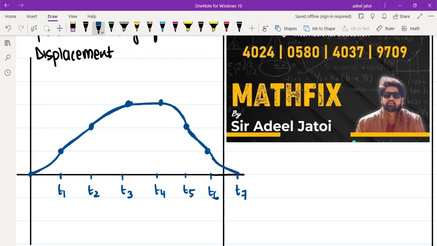The curve will be from down. So this part is increasing, this becomes uniform velocity positive, decreasing velocity positive. This is at rest, increasing in negative, uniform in negative, and decreasing in negative. And we are at rest now.